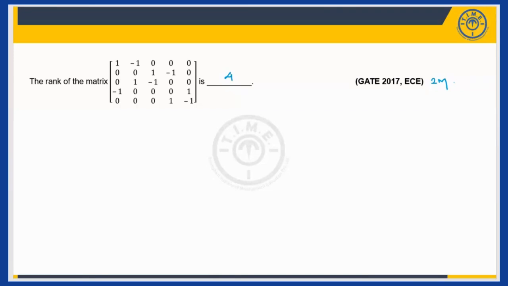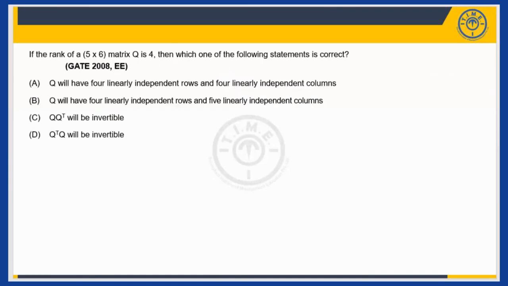Now, if the rank of a 5 cross 6 matrix Q is 4, which one of the following statements is correct? Q has 4 linearly independent rows and 4 linearly independent columns. Q has 4 linearly independent rows and 5 independent columns.